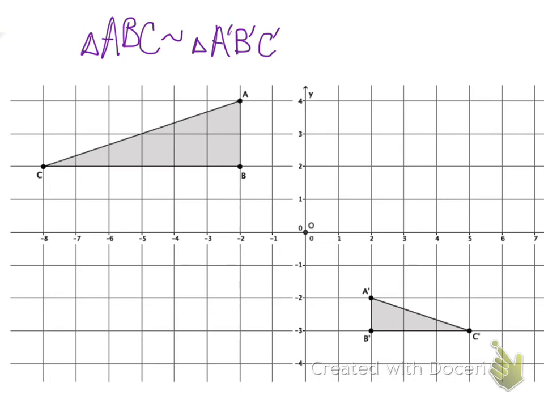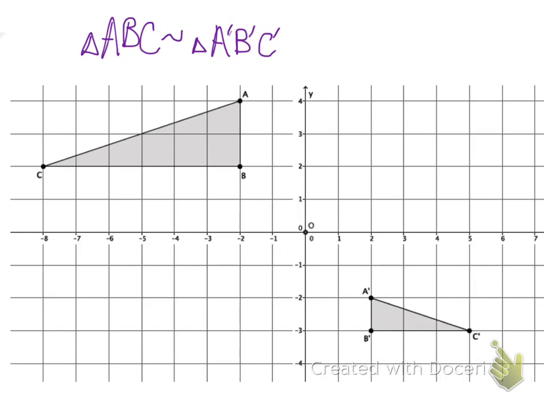If you look at the length of these segments here, and the corresponding segment over here, we're going from 6 down to 3. This side of the triangle is 2 down to 1. So you can see that the scale factor would be 1/2 if I'm going to go down here.